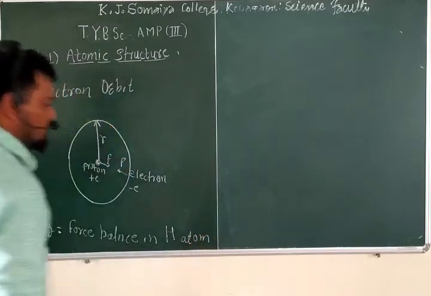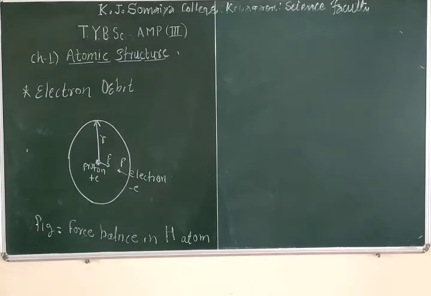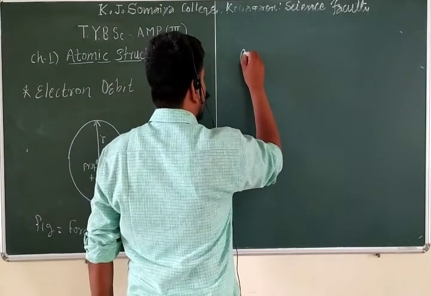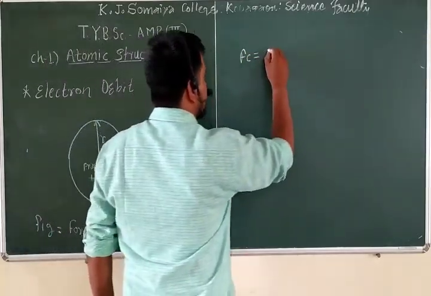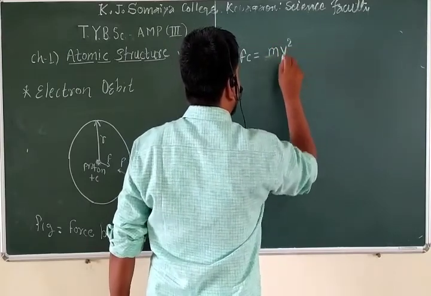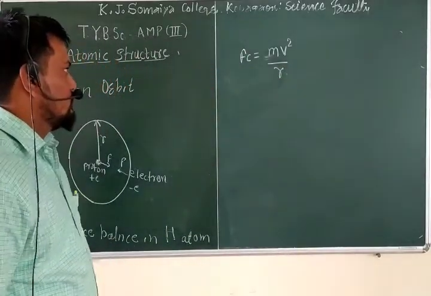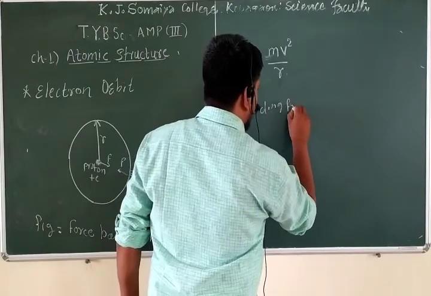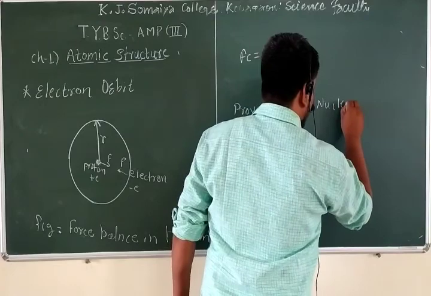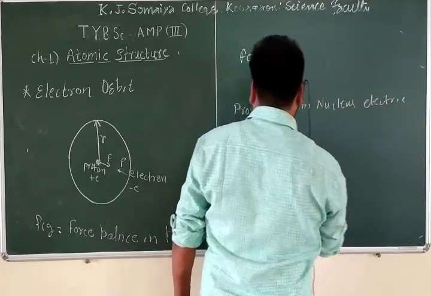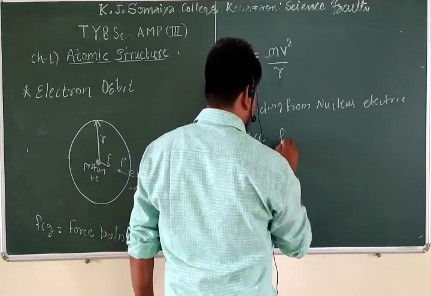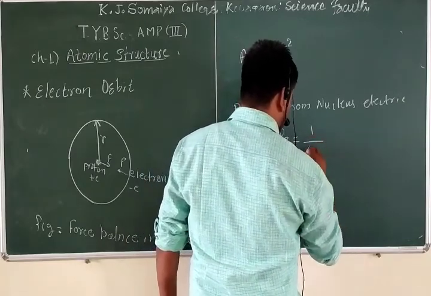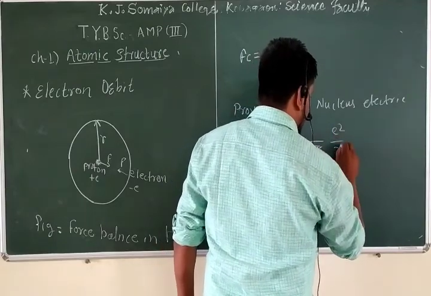The centripetal force is given by mv²/R, and it is provided by the electric force from the nucleus, 1/(4πε₀) × e²/R². The force provided for the electron is the centripetal force mv²/R, and the force from the nucleus is the electric force Fe = 1/(4πε₀) × e²/R².